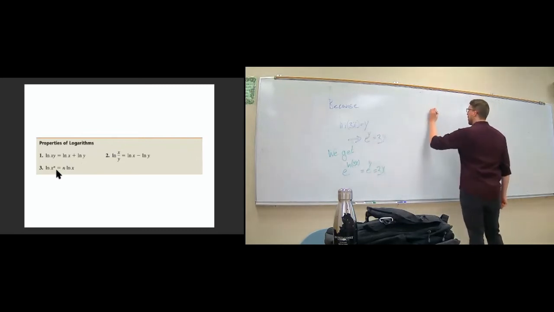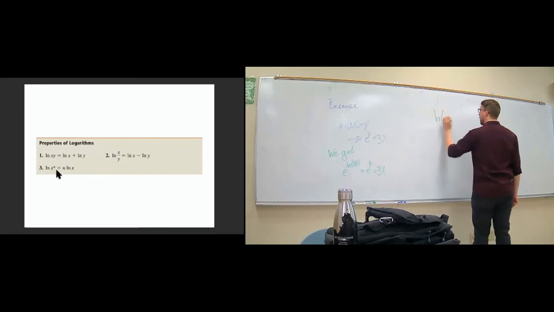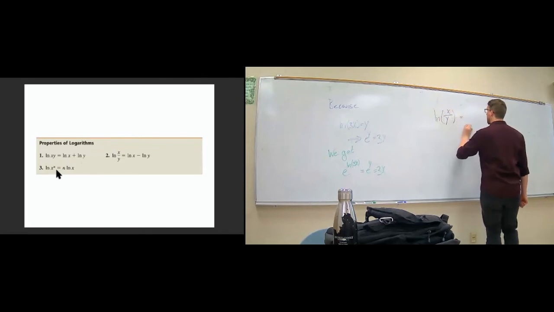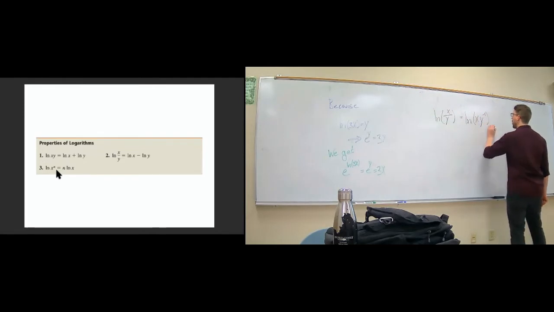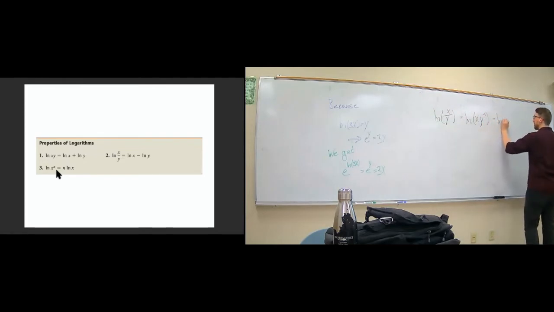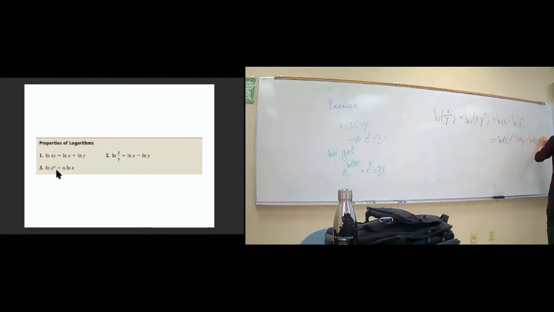We've got the ln of x divided by y. Well, we can rewrite that as the ln of x times y to the negative first power, which is equal to the ln of x plus the ln of y to that negative first power, which is equal to the ln of x plus negative 1 times the ln of y, or the ln of x minus the ln of y.